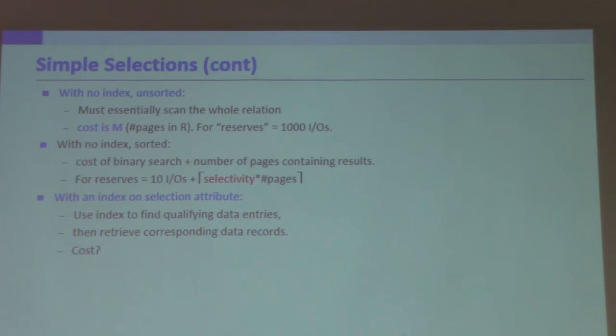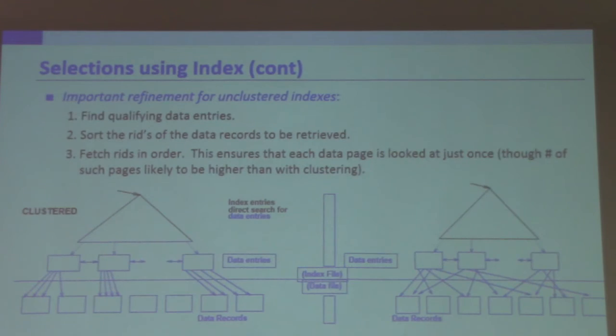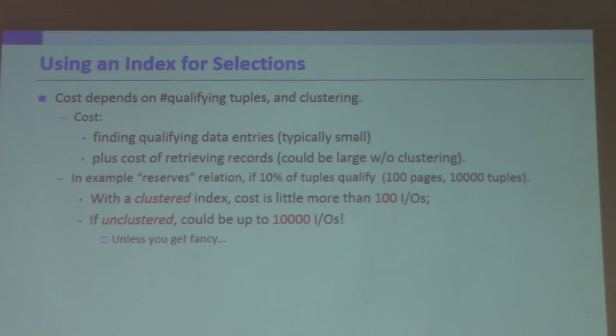With an index and selection attribute, what should you do? Well, you have to be careful. You have to look at what kind of index you have. Is it a hash index, clustered index, or unclustered index?